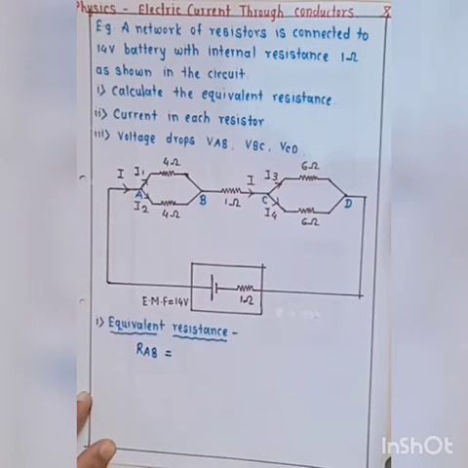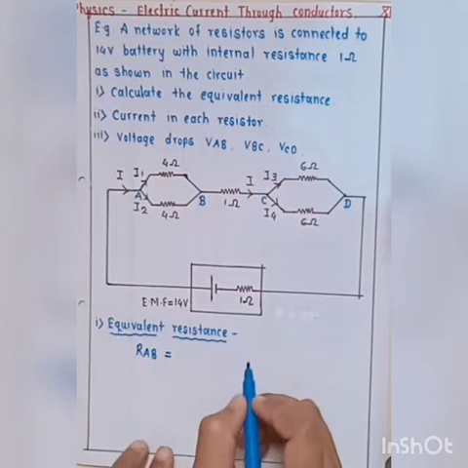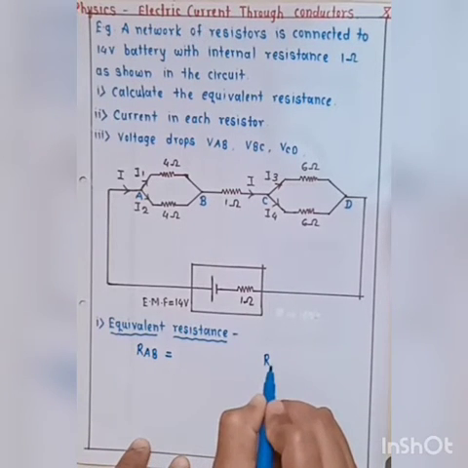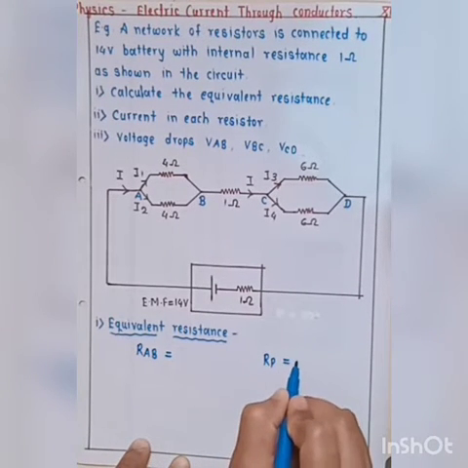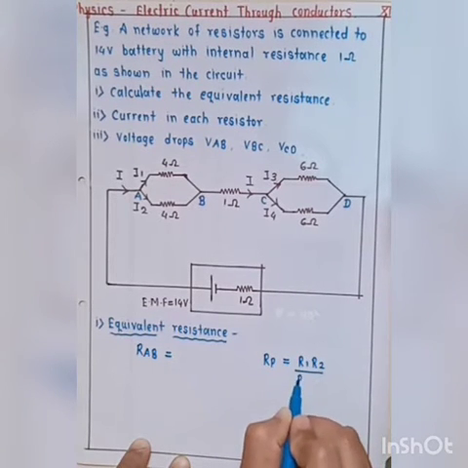is equal to, now these two resistors are connected in parallel combination and we know that the formula for parallel combination, that is Rp, is equal to R1 R2 upon R1 plus R2.